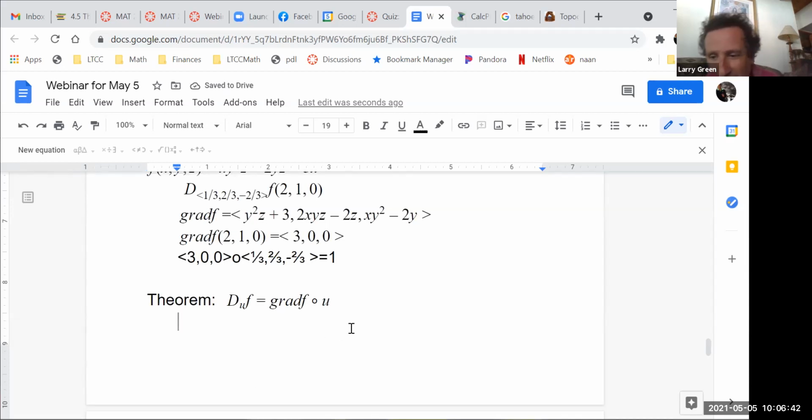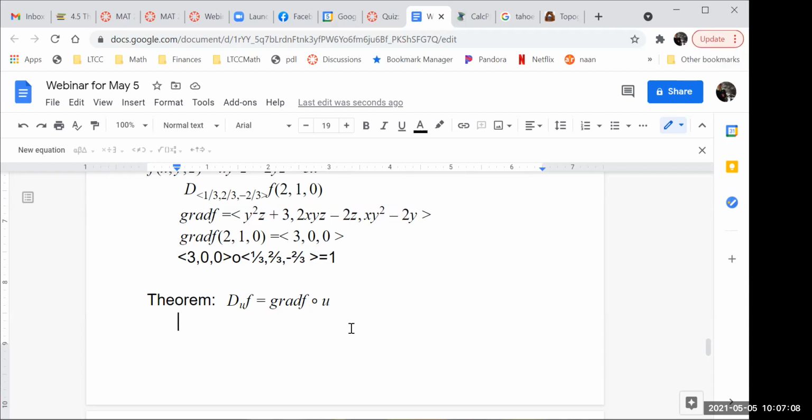Any questions on this main application? Okay, so this is a big application of the gradient. It allows you to find the directional derivative in a whole lot easier way. If you didn't have this theorem, what would we have to have done? Is it cross product?